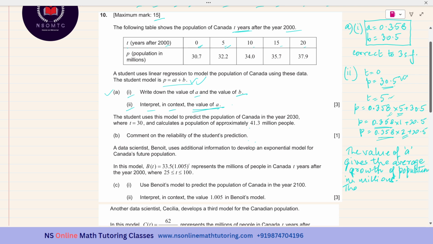That means the population increases by 0.358 millions every year.